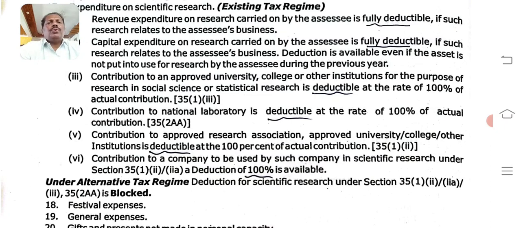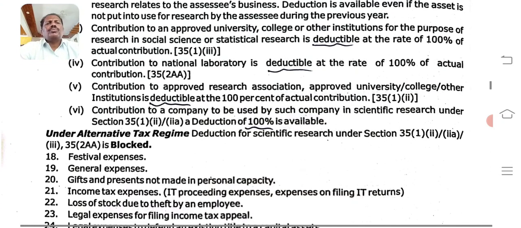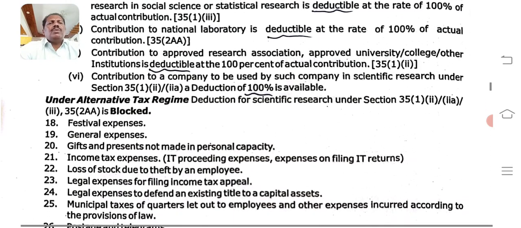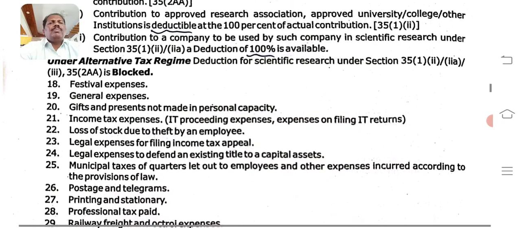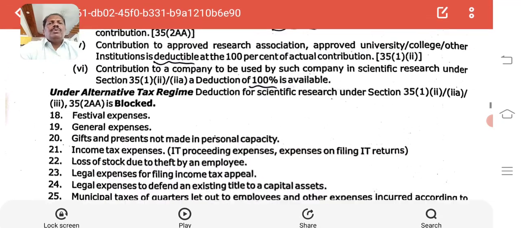Even contribution to an approved research association, approved university, college, or other institution is deductible at the rate of 100% of actual contribution. Contribution to a company to be used by such company in scientific research under section 35(1)(ii)(a), deduction of 100% is available. So, under the alternative tax regime, deduction for scientific research under section 35 is blocked.